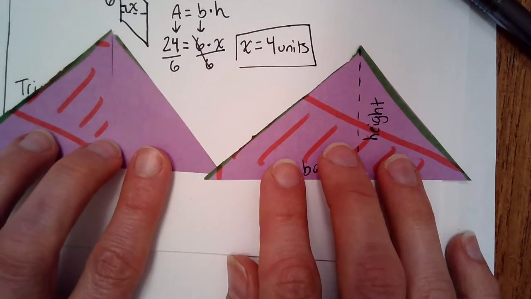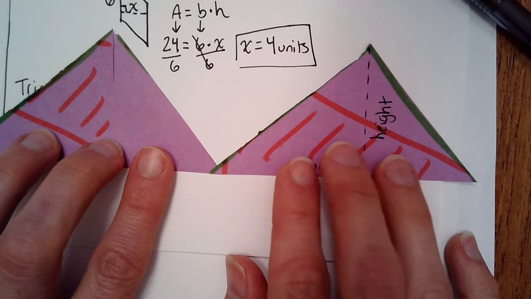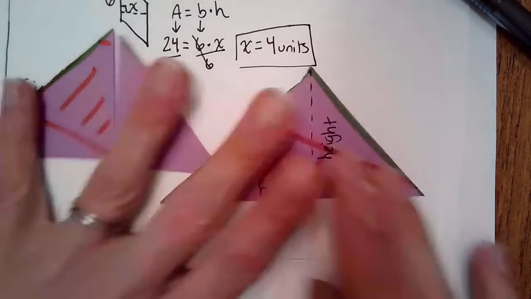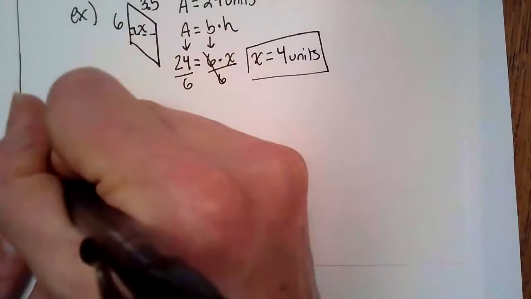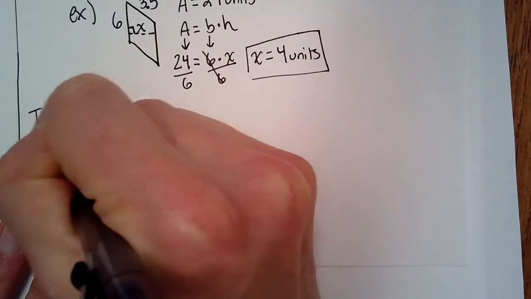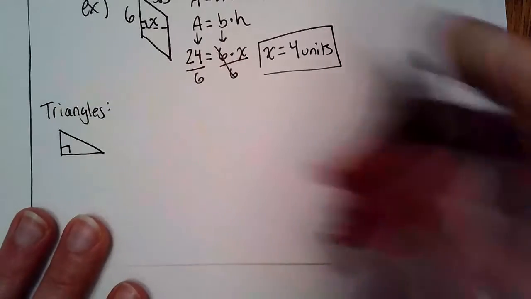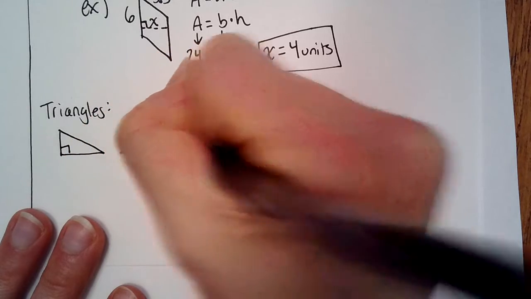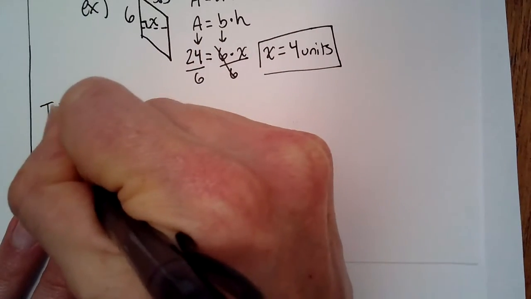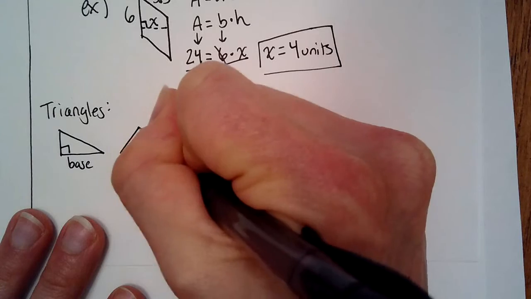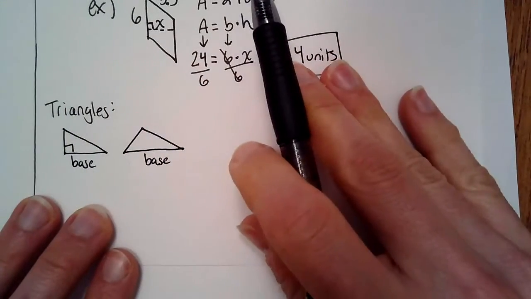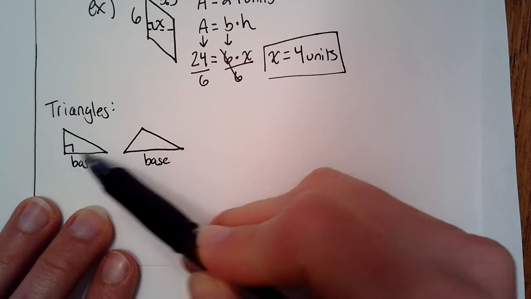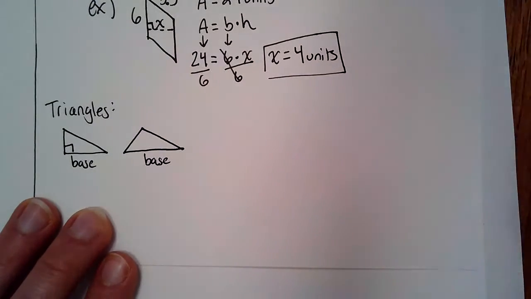So unlike a parallelogram where the areas are the same, for a triangle, the area is exactly half of the rectangle that it was made from. And so the area formula for a triangle, and this goes for a right triangle or any other triangle, we have the base and the height. Just like in a parallelogram, the height is always the perpendicular distance between the base and the other vertex.